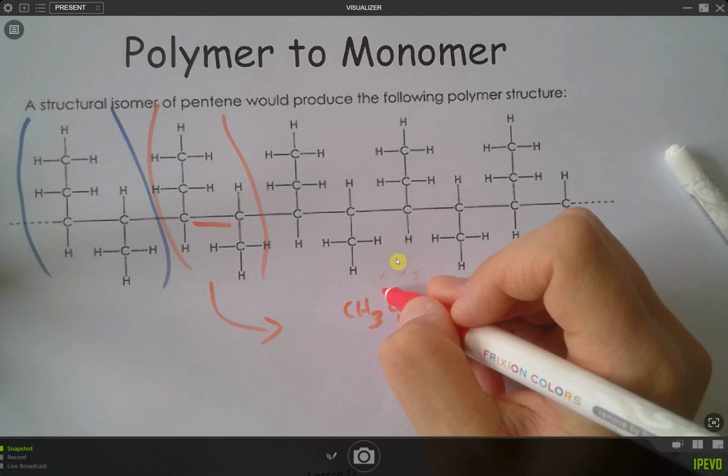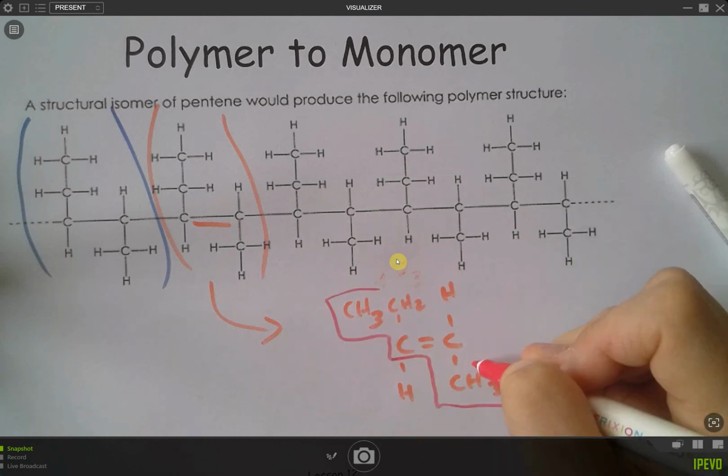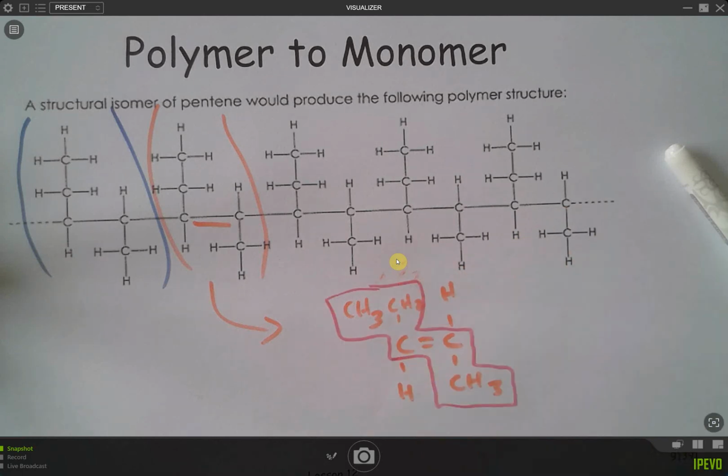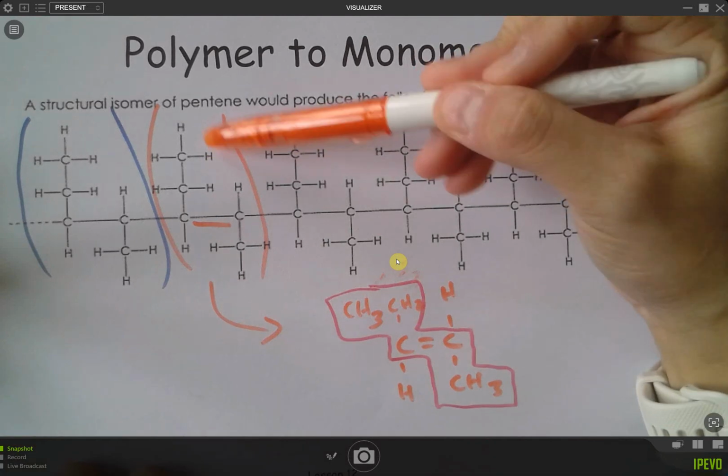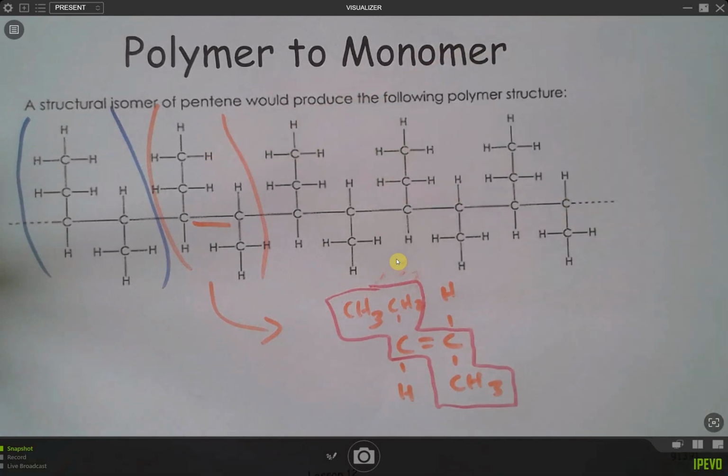Keep in mind with these addition polymers that just because we refer to it as ethyl and methyl when we're looking for the repeated pattern, it's obviously not an ethyl and a methyl when it comes to naming it. It's the longest chain. So in this case, what has made this polymer is 1, 2, 3, 4, 5.